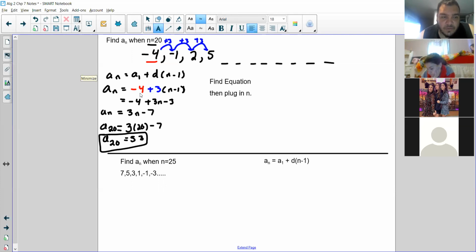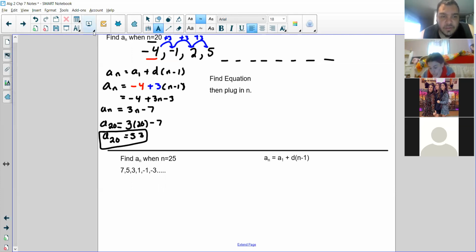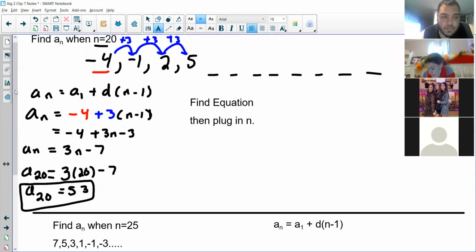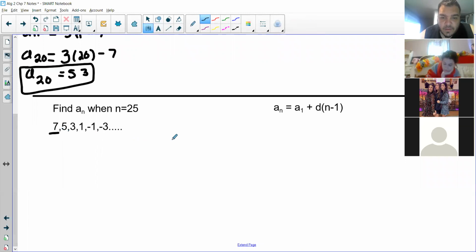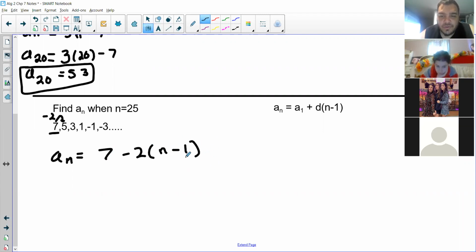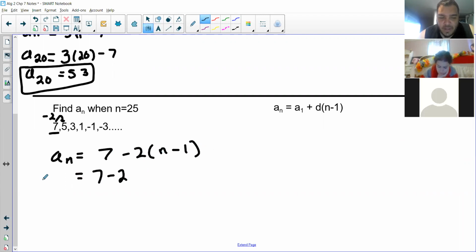All right, and I'm just going to do it so at least the people on the video can check it out. I won't color code it this time, but this is -2 and this is 7. So a_n equals 7 minus 2 times (n minus 1). Now I'm going to show you a little trick. You can actually plug in the n early. So instead of distributing and solving it, you could just plug in the n right away.